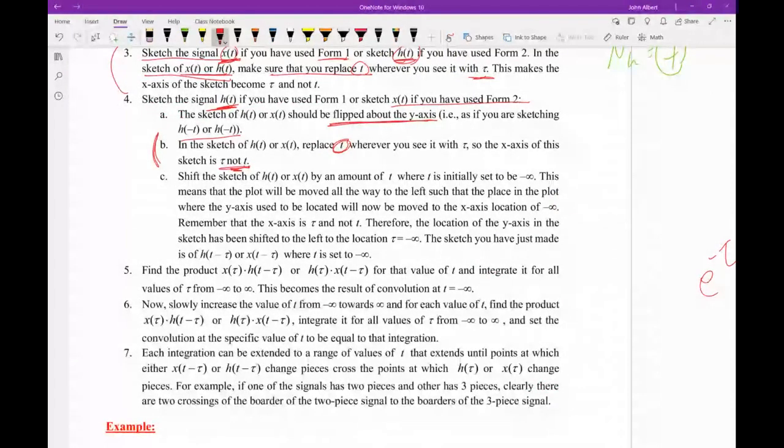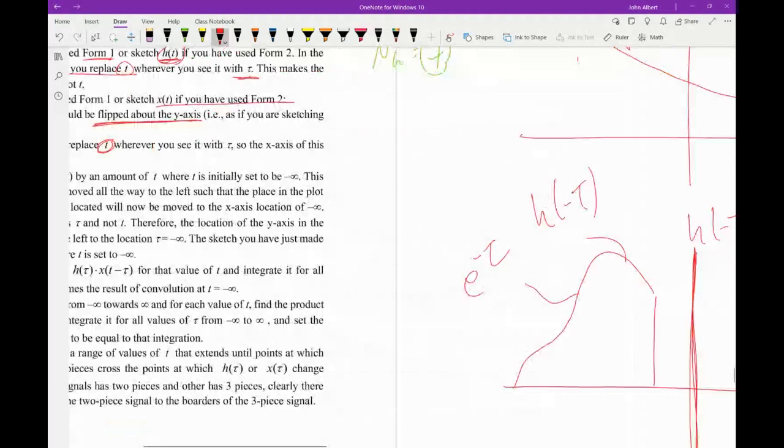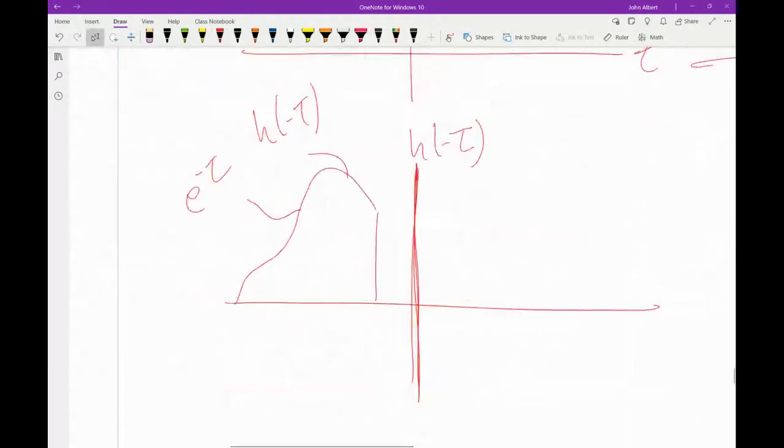Part C of the same step says the following. Now I want you to take that thing, which is h, and shift it all the way to tau equal to minus infinity. Please pay attention to this point here.